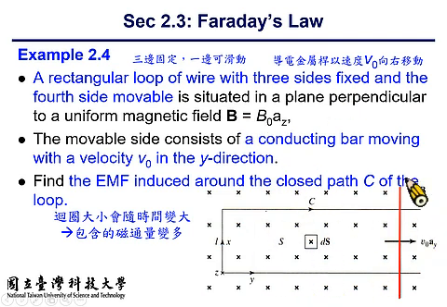We know that the movable bar, the red one, is moving from left to right at a speed of v sub 0, and the background magnetic flux density is uniform and in the z direction, so it's written as b sub 0 in the a_z direction. As time increases, the amount of magnetic flux enclosed by this loop is increasing because the loop is getting larger and larger.